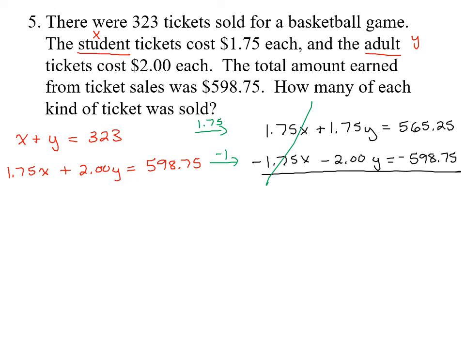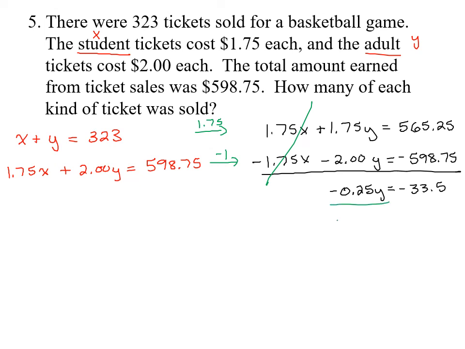And so your x's cancel. 1.75 on the y minus the 2y gives me negative 0.25y. On the right hand side, if I do the 565.25 and subtract off the 598.75, I get negative 33.5.